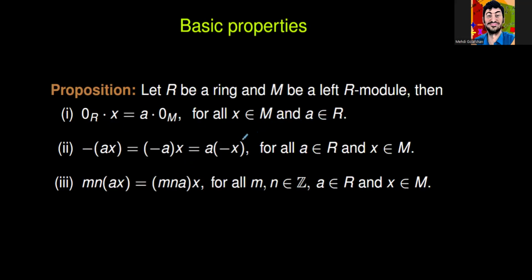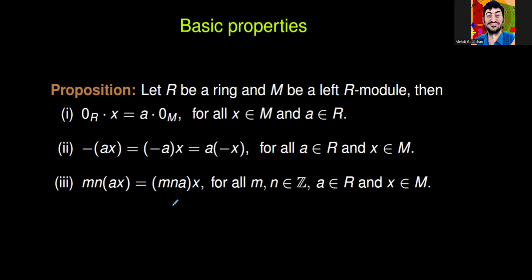This is the first one, and the second one is minus (ax), which is equal to (minus a) times x, which is equal to a times (minus x), and it's true for all a in R and x in M. Here minus means the additive inverse.